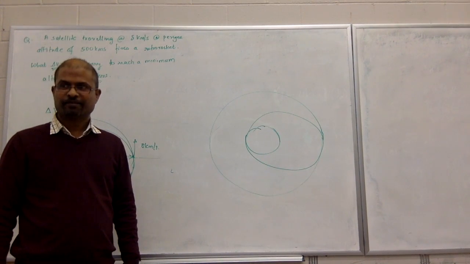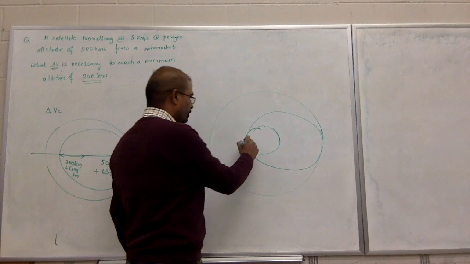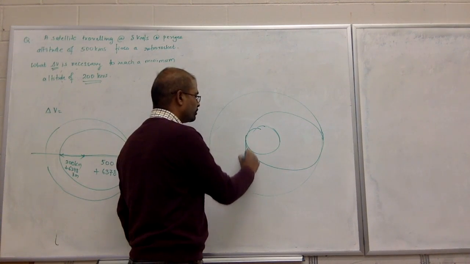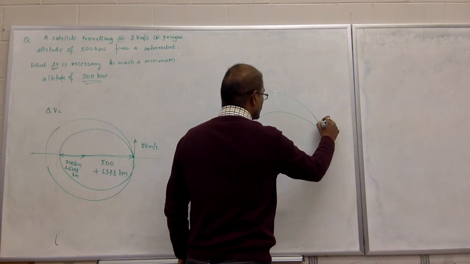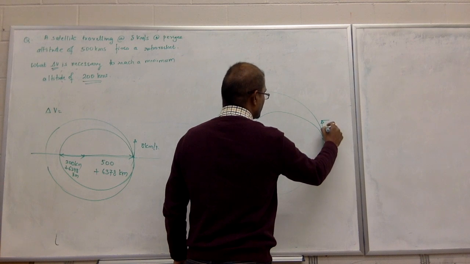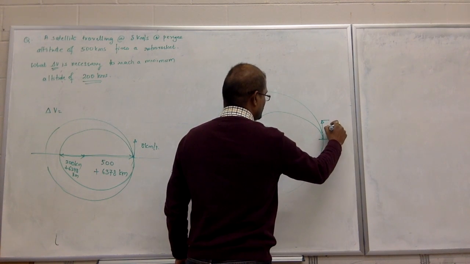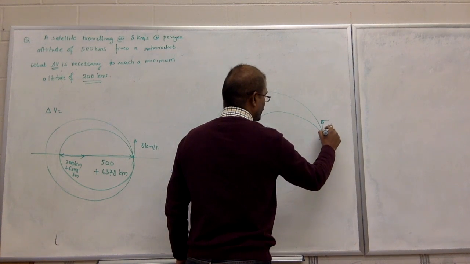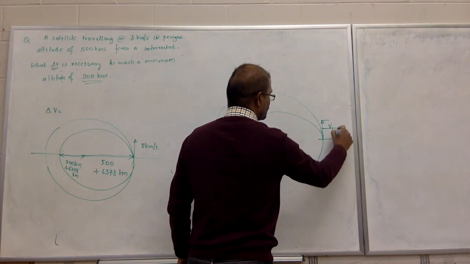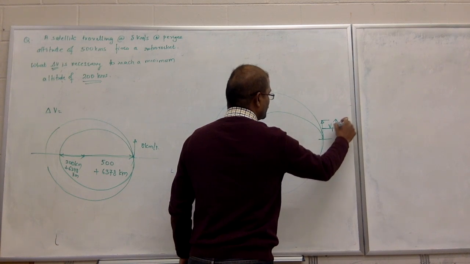Does that make sense? So you'd also have to slow down here. The first maneuver will be, let's say, V1, okay? The second maneuver, this is Vp. You have to decrease the speed by delta V.